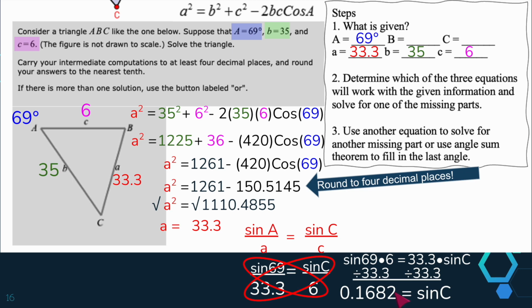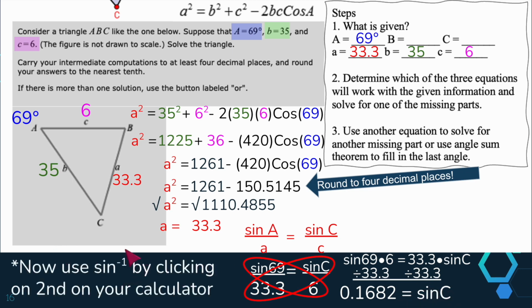Now, from here, in order to find C, what I'm going to have to use is the inverse of sine. And you find this on your calculator by clicking the second button. Now, if you're on a smartphone, then you're actually going to see this pop up: sine and -1. If you're just on a regular calculator like one we use in class, then you click the second button and this will be right above the sine button.